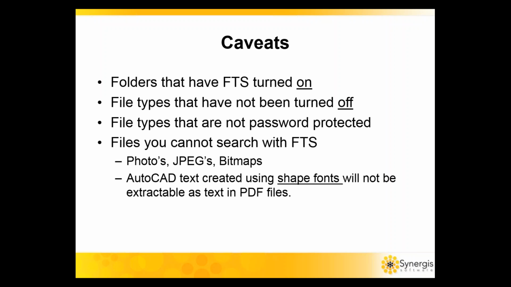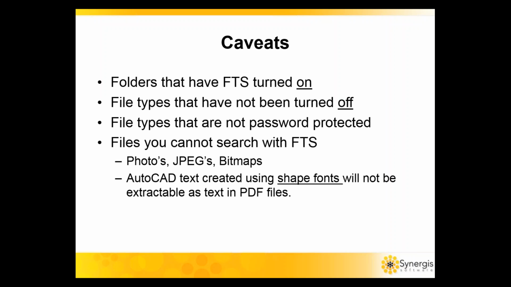The other piece is administrators can also turn this feature off for certain file types, for example, photographs. I'll talk a little bit more about that further here. Also, full text search will not extract that information and make it searchable if it's in password protected files.